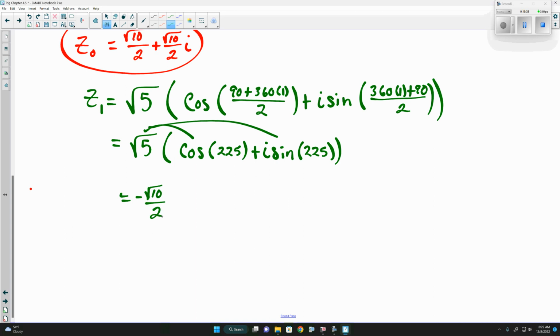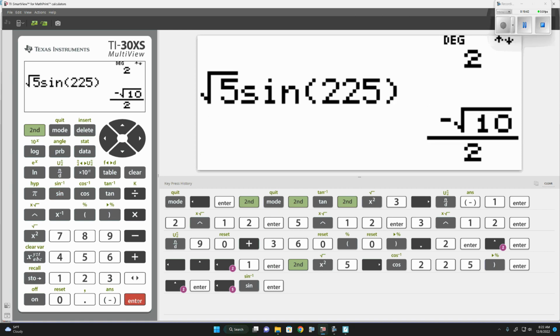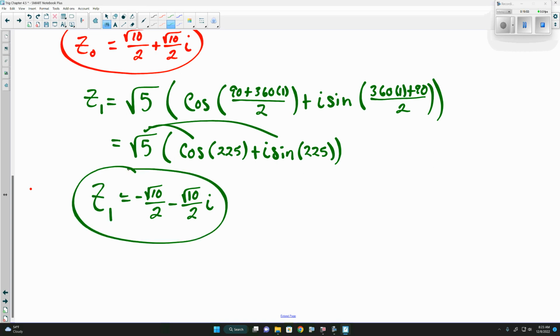Pull the calculator back up, replace cosine with sine, enter, minus square root of 10 over 2 i. And those are our 2 roots.